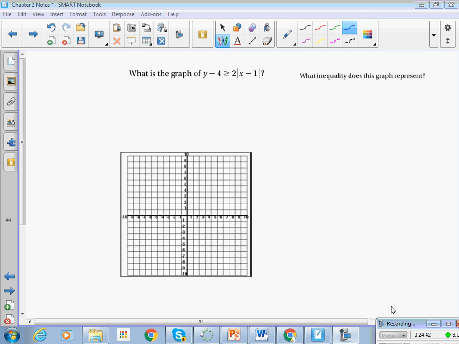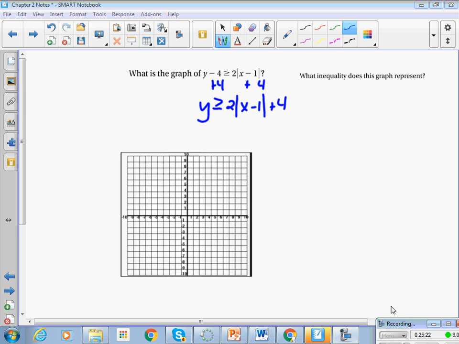If we are going to graph this, I definitely want to have y by itself, so I'm going to add 4 to both sides. And my lovely ladies and gentlemen, never, never, never can you distribute or take away anything inside or outside of the absolute value. So I can't add that 4 to the minus 1 in my absolute value. It just gets stuck on the outside.